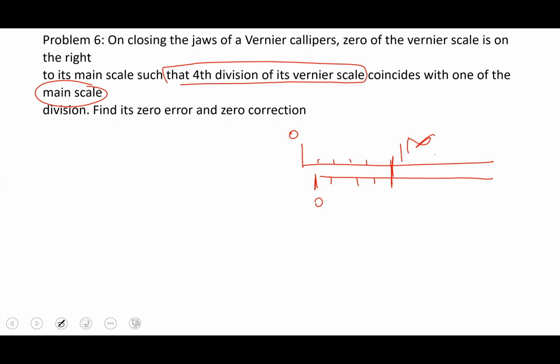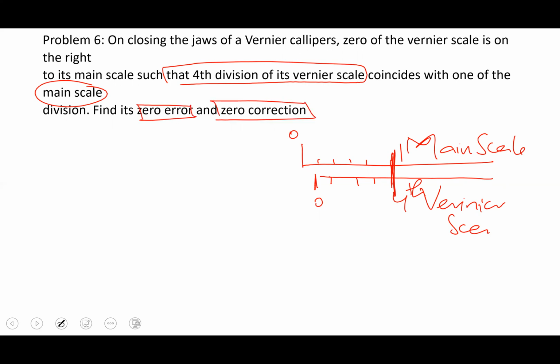This was the main scale, and this was the vernier scale. So the fourth division was coinciding, in the same line as the main scale. Now, what is the zero error in this case, and what will be its correction? That is the question being asked.